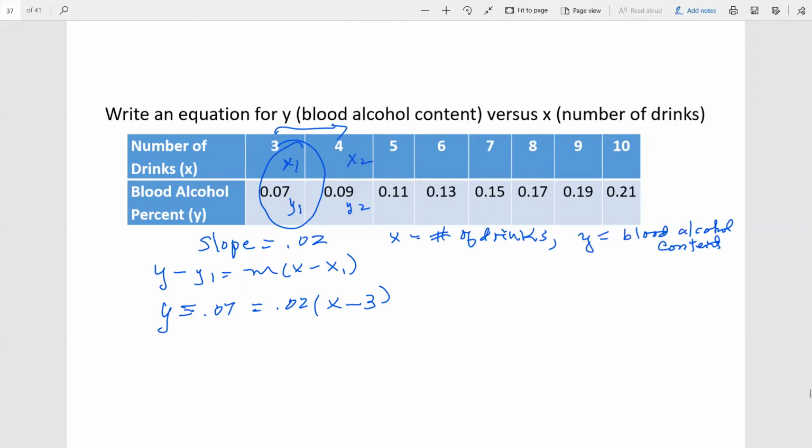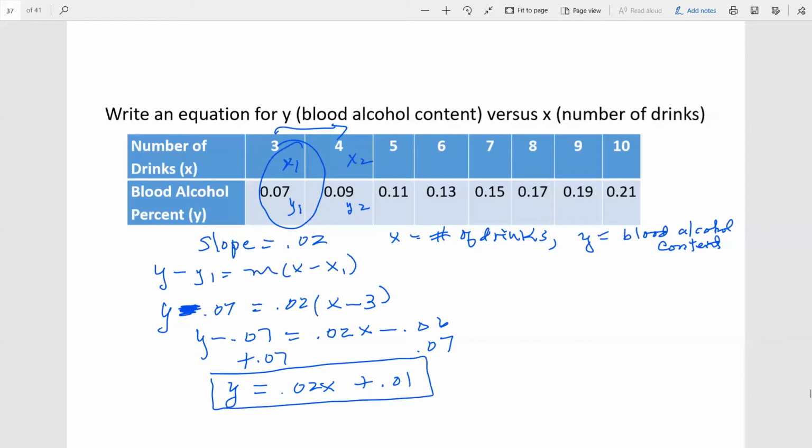So we got y minus 0.07 equals 0.02x minus 0.06. So add 0.07 to each side, and you get y equal 0.02x plus 0.01. So this is the equation for the blood alcohol content versus the number of drinks that you take.